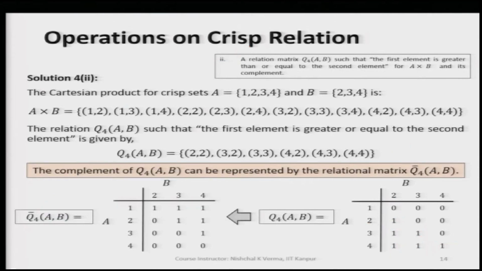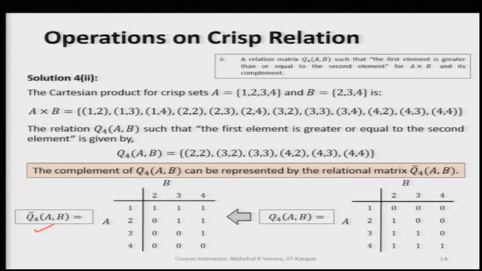Now, when we have this Q4 A comma B, since this is a crisp set as the relation set, if we are interested in finding the complement of this relation set, we can quickly see how we can find that. If it is the complement relation, we represent this by Q4 bar.